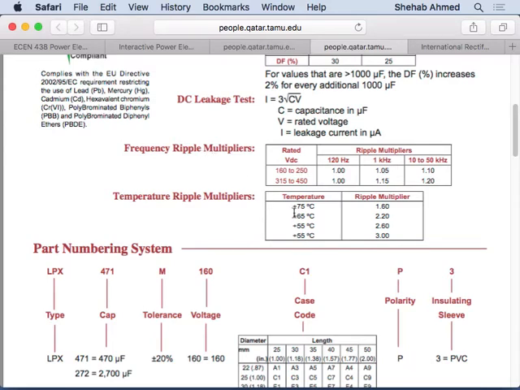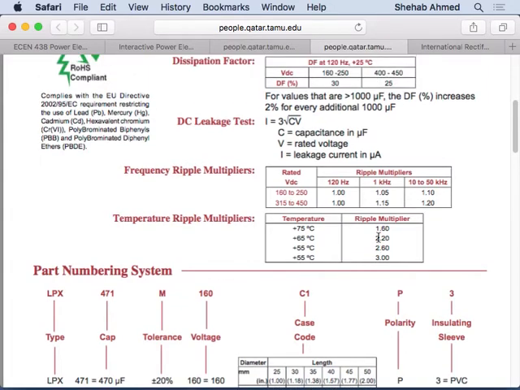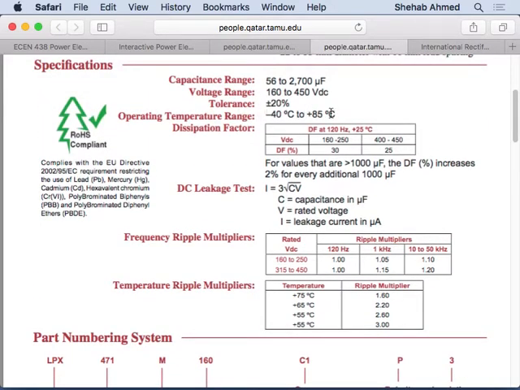I'm not exactly sure what this is, but I believe that the lower the temperature, the more ripple current, or AC current, that the capacitor will be able to tolerate. They give you the operating temperature of the capacitor, minus 42 to plus 85 degrees C. At 85 degrees C there is a maximum amount of ripple current, meaning AC current. Ripple here means AC current, because we know capacitor current is always AC. It has a zero average value. So the ripple current that can go through the capacitor at 85 degrees C has a certain limit.